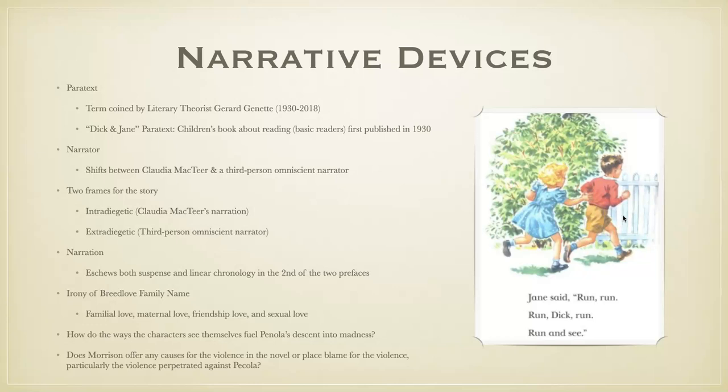Keep in mind how the title of every chapter relates to the Dick and Jane stories, to what is considered the standard or the ideal family: a mother, a father, a girl, a boy, child.